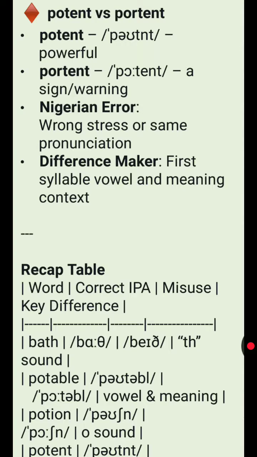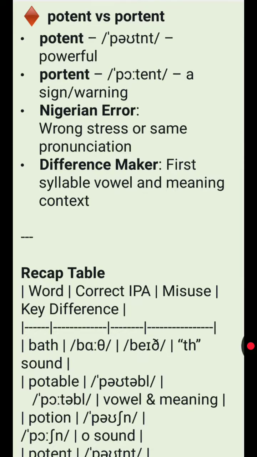Nigerian error: wrong stress or the same pronunciation. Most Nigerians pronounce the word portent as potent. So note that the word that means powerful, spelled P-O-T-E-N-T, has the right pronunciation potent, not portent.